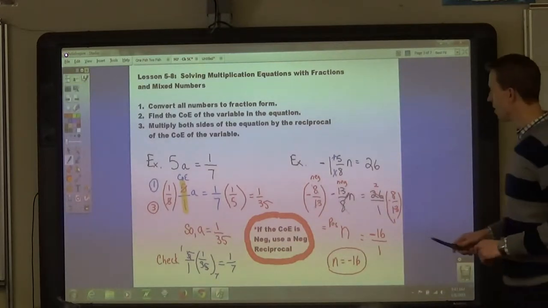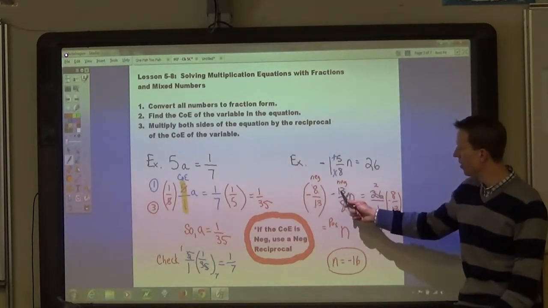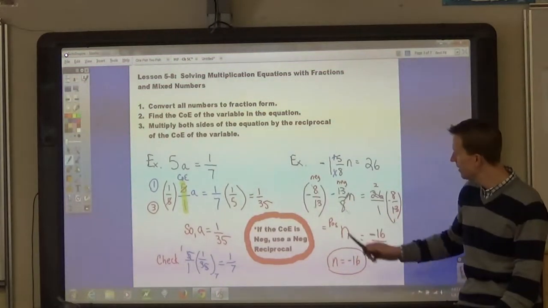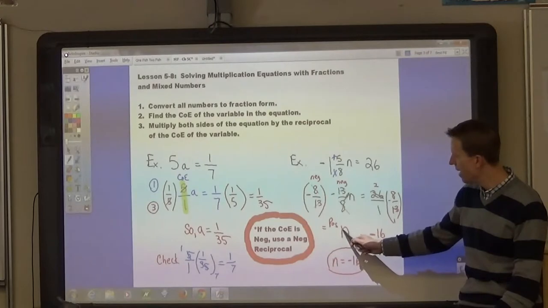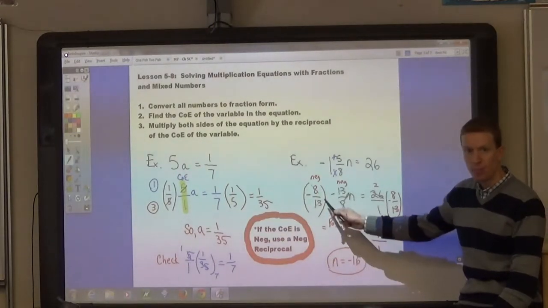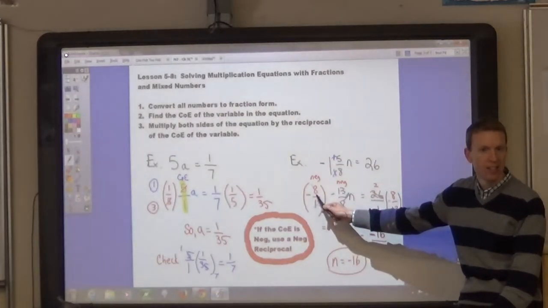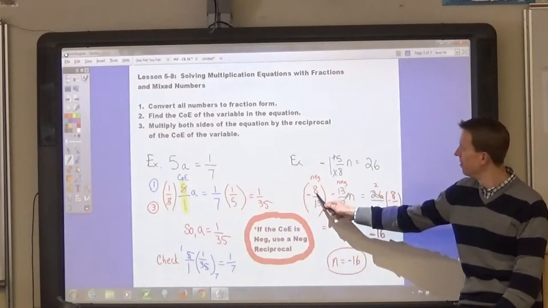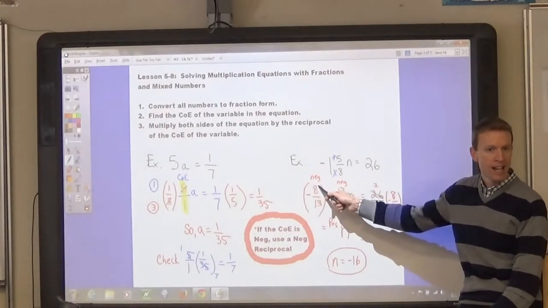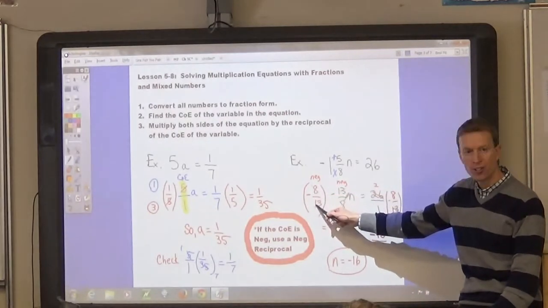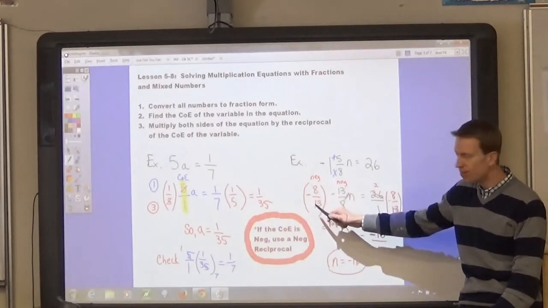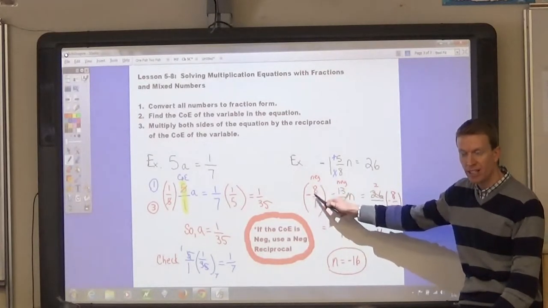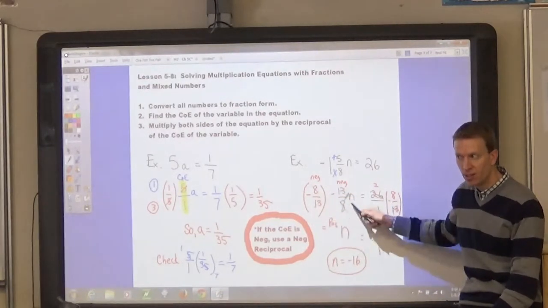Now, we have to use the reciprocal of negative 13/8. And since we need a positive n, the reciprocal is also going to be what? Negative. This is negative 8 over 13. Negative 13 over 8 and negative 8 over 13 are what?